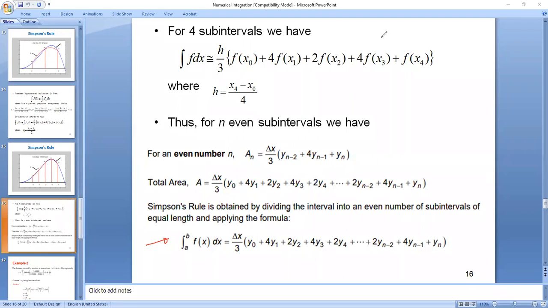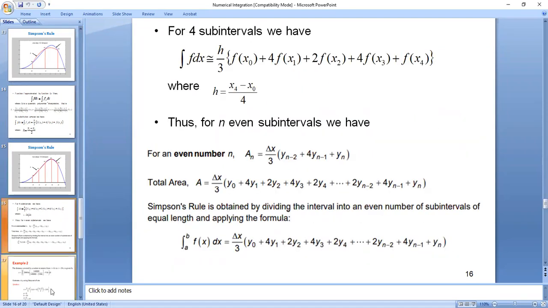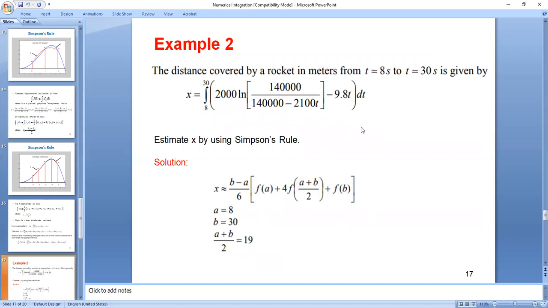So the formula that we used is just this one. Okay? So I'll go to the example. So this is our example. So the formula that was used is the one that was shared. So it's h over 3. So that is why you have here a 6, because you have here, for the h, x sub 2 minus x sub 0 divided by 2.